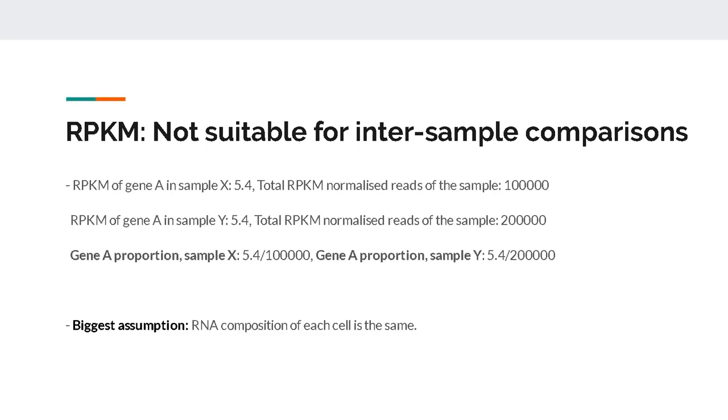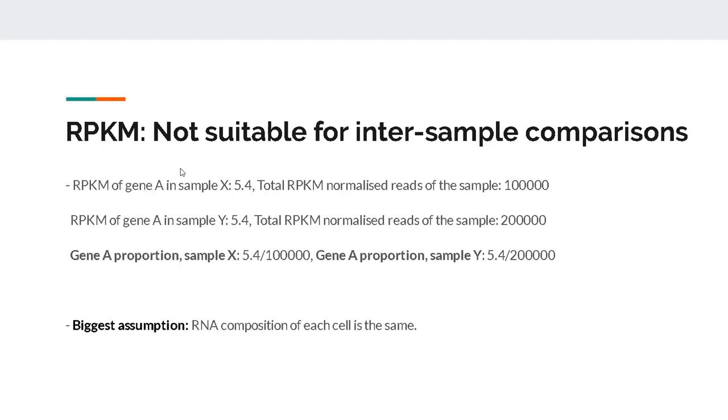So if you have to compare gene A in sample X and sample Y, for all practical reasons the length would remain the same for gene A. So you don't need to take that factor into account because you're comparing the same thing across two conditions. But there is one more reason why RPKM does not fare well when you are doing inter-sample comparisons, for example, wild type and mutant.